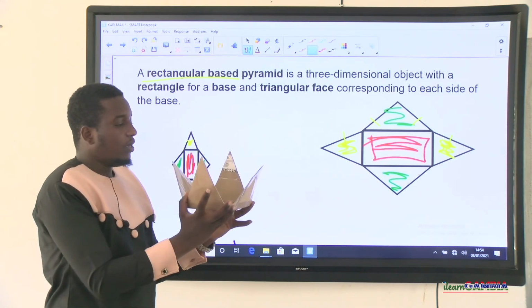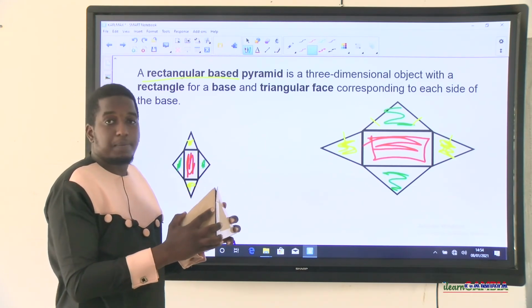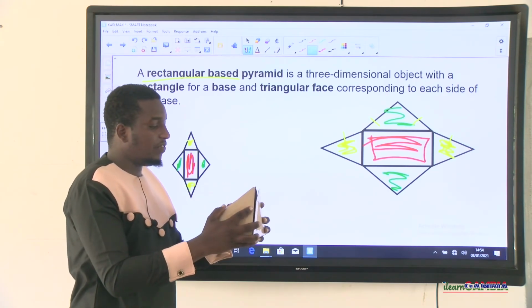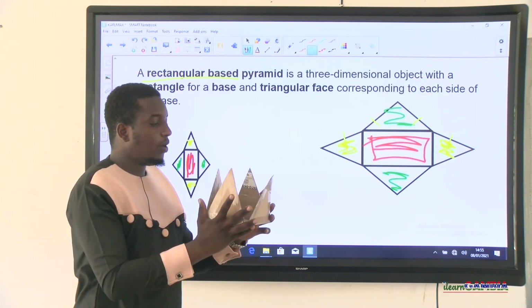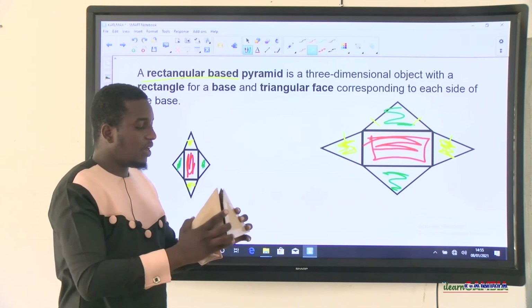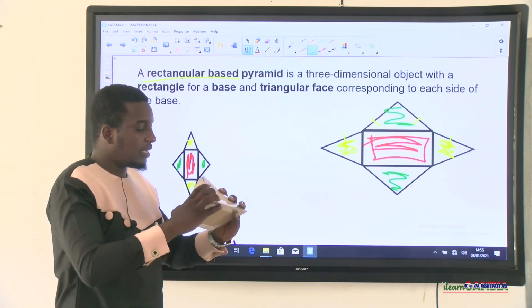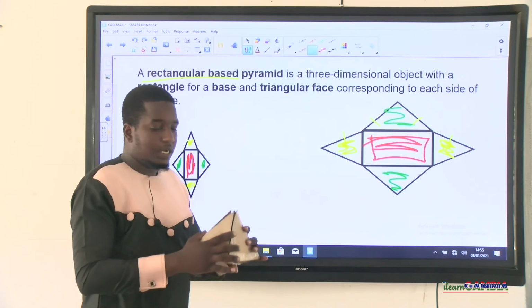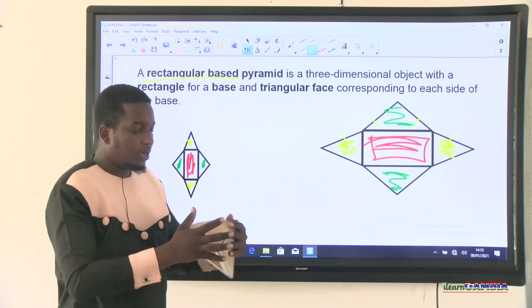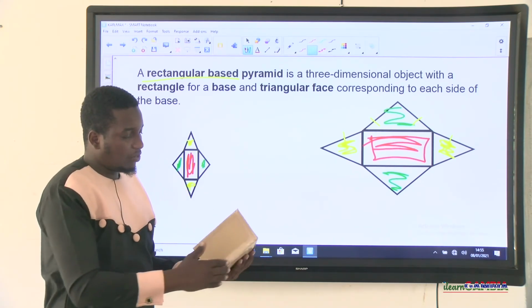If they are not equal, you realize that if you fold it, they will overlap, and that will defeat the purpose. So in order for us to have it correctly, we will have to make sure that all those sides are equal. The only sides that may not be equal are the ones that are attached to the rectangle.